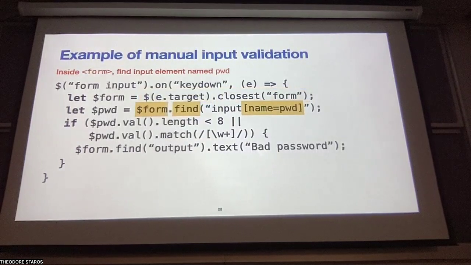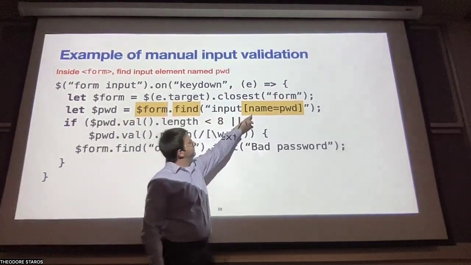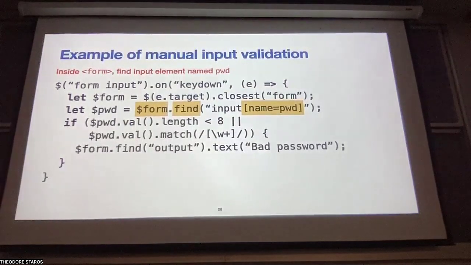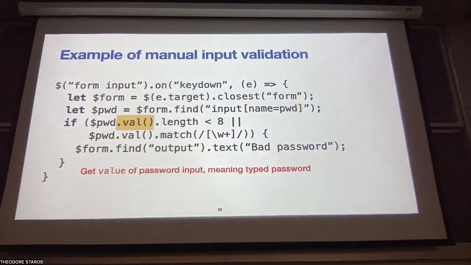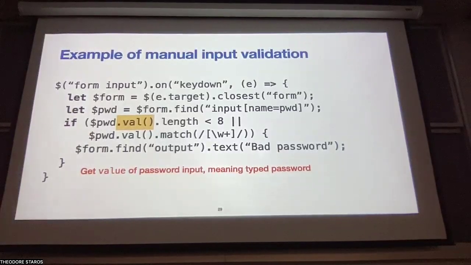And then inside that form, I'm going to find another input element whose name is equal to password. This syntax with the square brackets is actually standard in CSS, but you don't have to memorize it here. And then we'll get that password input and get the value of the input at the moment. Then we have a bunch of tests on it.